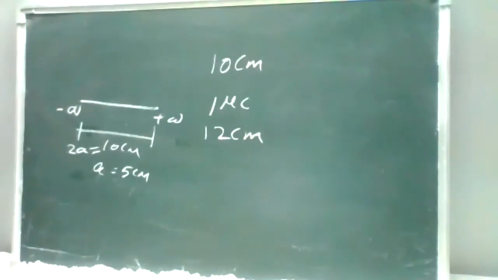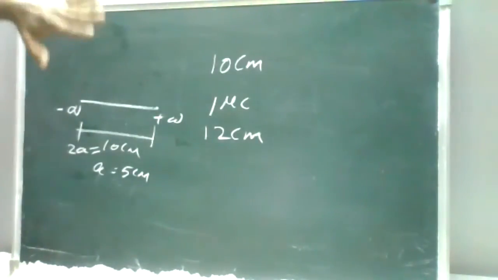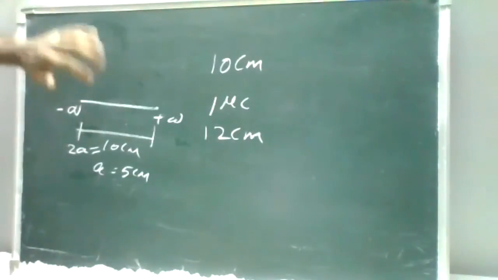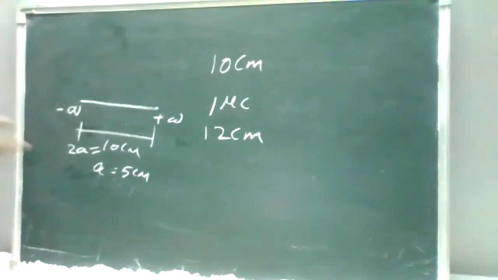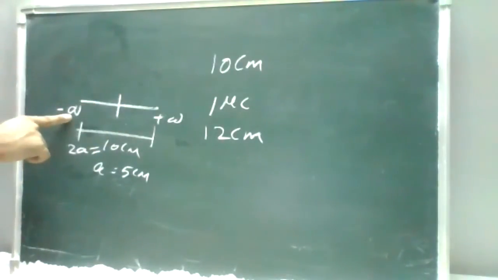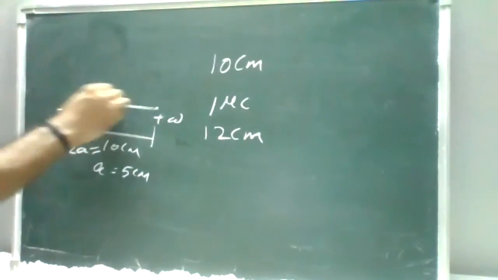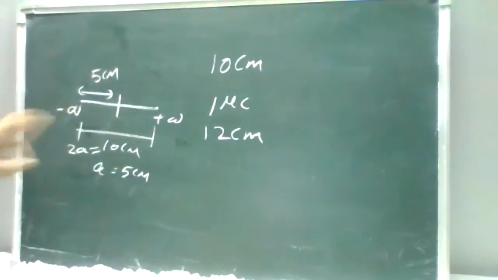Does this apply to everything, sir? It applies when they have given you the distance between the two charges. Remember, in the question, when they say the distance between the two charges, it is nothing but 2a. Suppose the question says the distance between one of the charges and the center is 5, then the total between the two charges is 10.